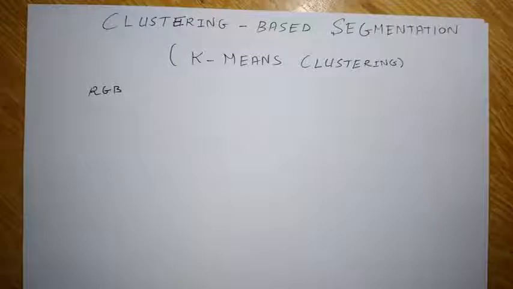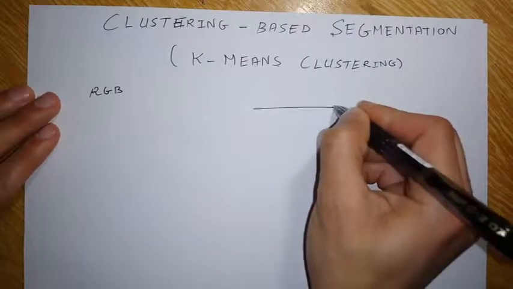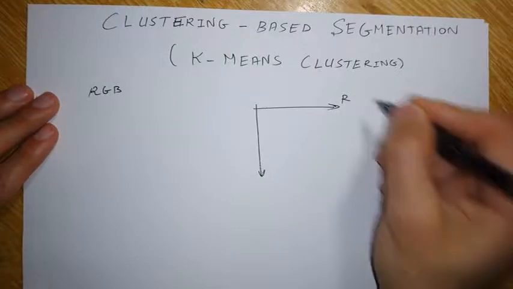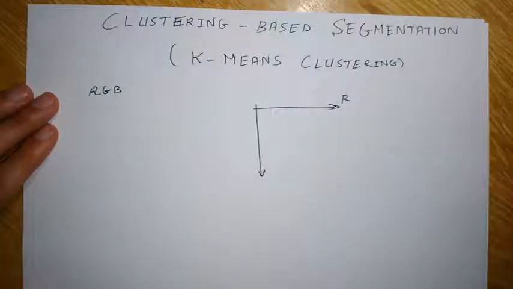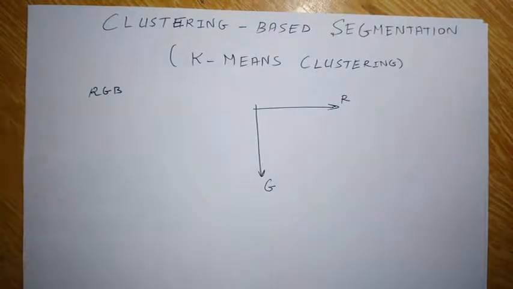It's difficult for me to draw a three-dimensional feature space of data points and try to find clusters there. So instead I'm going to do that on a two-dimensional feature space. The first feature is R, and the second is G from the RGB model.